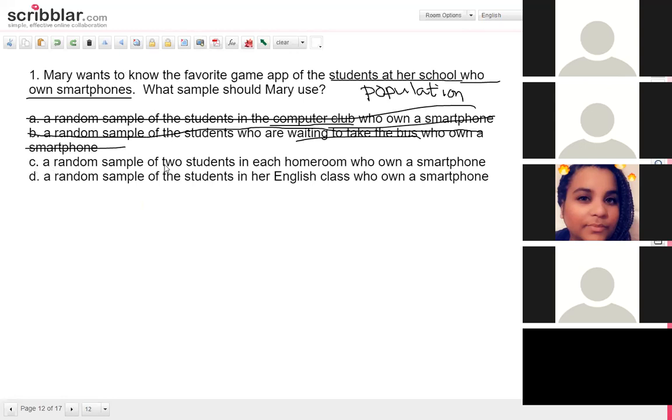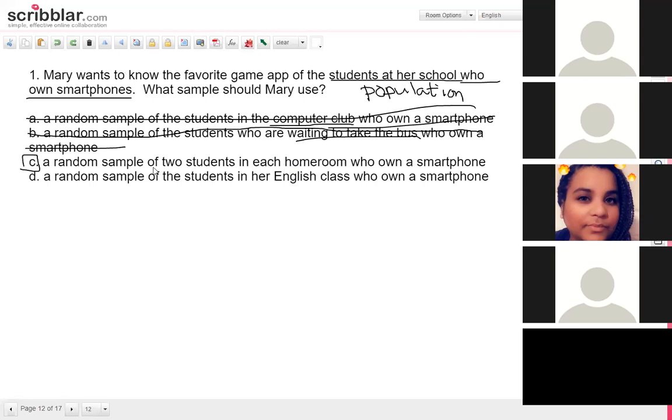Next one, a random sample of 2 students in each homeroom who own a smartphone. So we already had someone say this is the answer, and they are correct. They kind of assume a little bit of information, but homeroom, usually everyone in the entire school would have to go to the homeroom at some point, if homerooms even exist at the school.